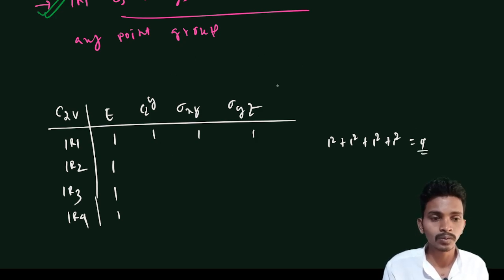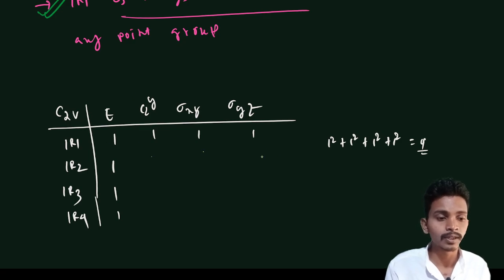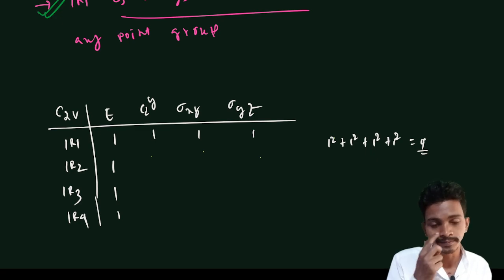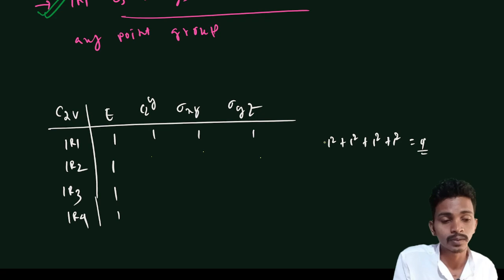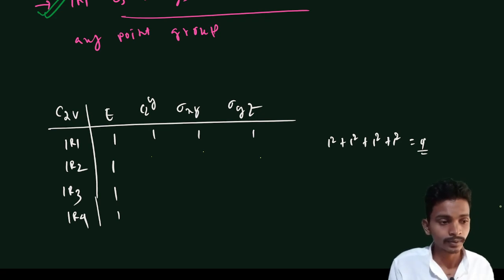Now what I have to do next: this row and this row, whatever the values, the sum of squares of each also has to give 4, because postulate 3 says that the sum of squares of characters of any irreducible representation is equal to the order of the group.